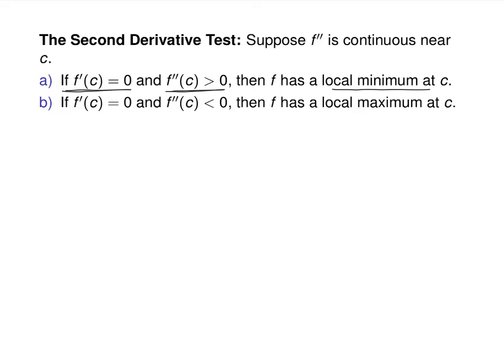If the first derivative is 0, you have a min or a max or a zeroing out point, right? If the second derivative is positive, that means you're concave up. Think what that looks like. You'll have a place where your first derivative is 0, and you're concave up. That means that you have a min at that point, right?